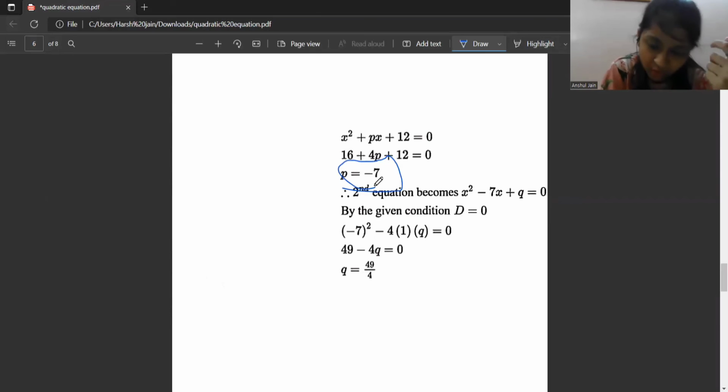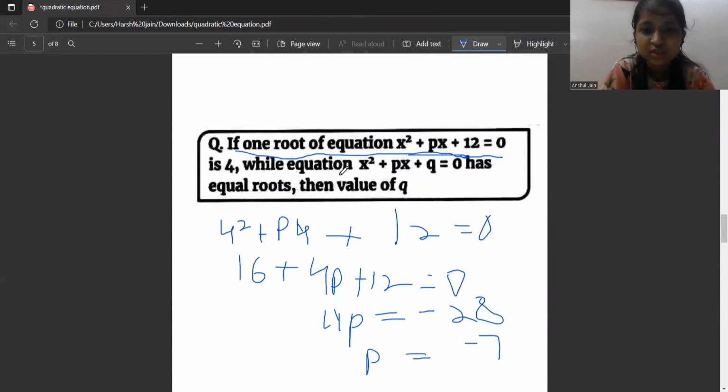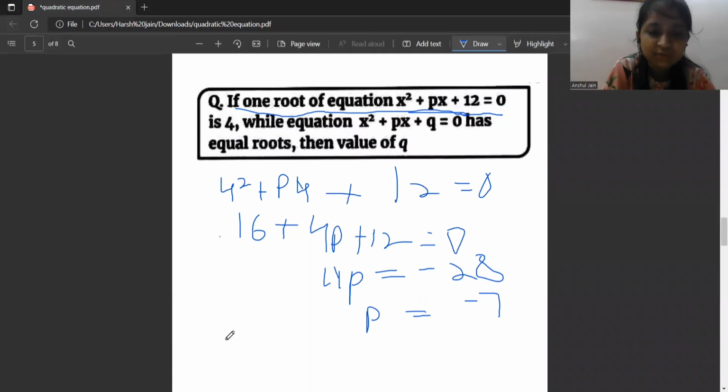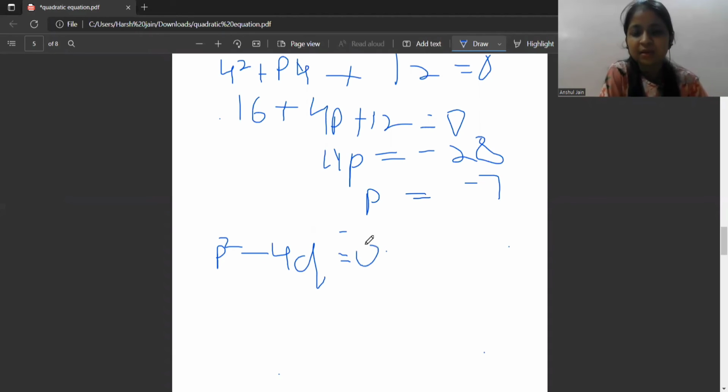Now you got the value of p, and it is given that the discriminant of the second equation is 0. Now you find the discriminant of the second equation: p square minus 4q is equal to 0. Now what is my value of p? Minus 7.